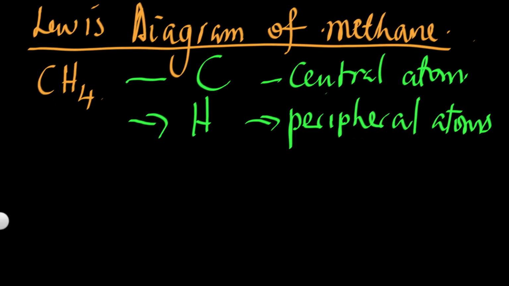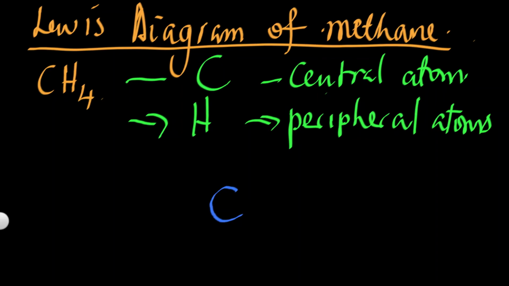So I'm going to write my central atom first. Let me use a blue color. So here is my central atom, carbon. It has 4 valence electrons.